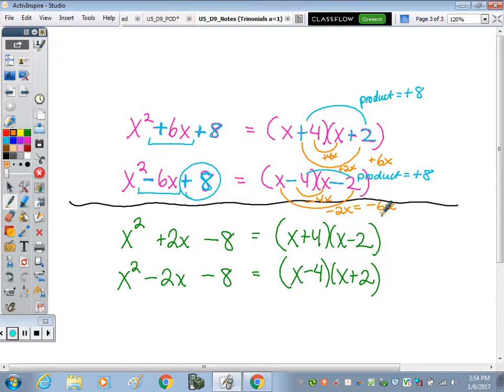So the numbers that you put in your binomials, if they're the same sign, both positive or both negative, they'll give you that positive constant at the end.